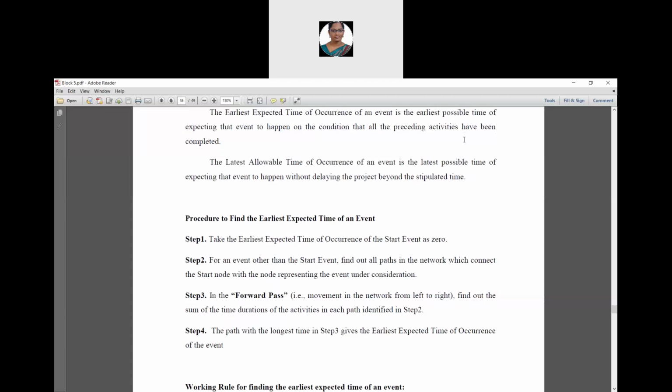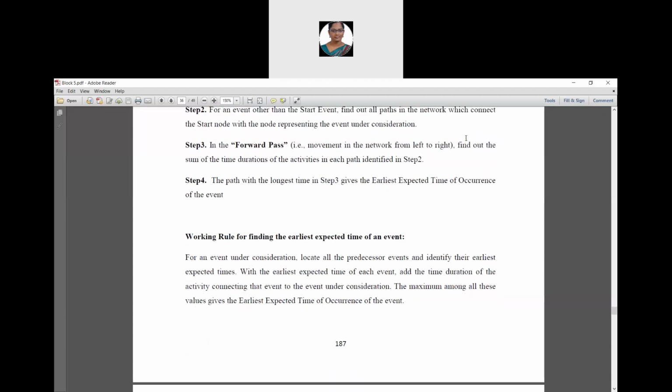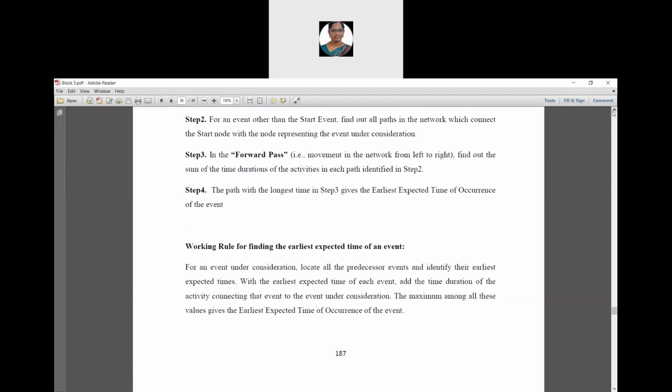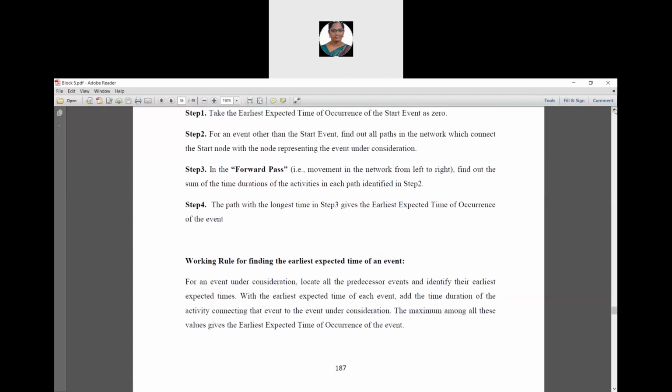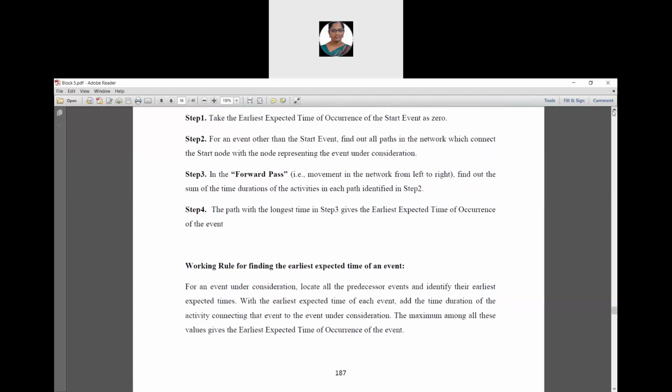For the first step, take the earliest expected time of occurrence of the start event as 0. In all the problems, we have to take the earliest expected time of the start event as 0.